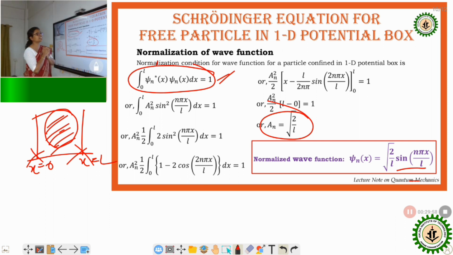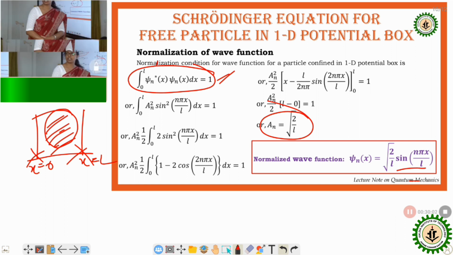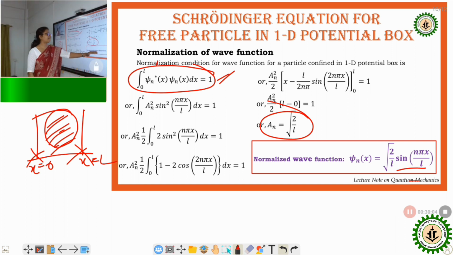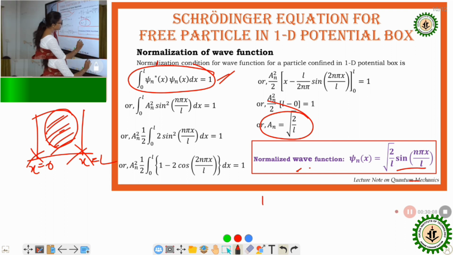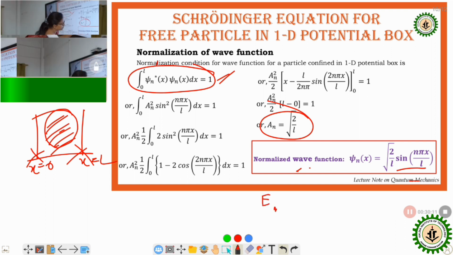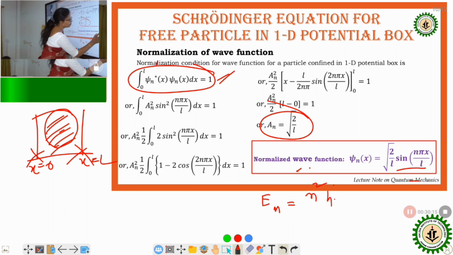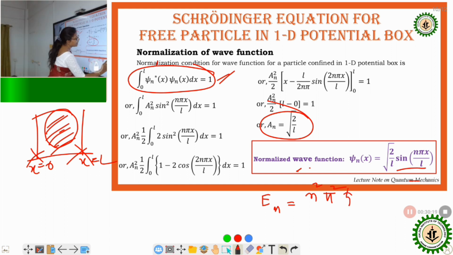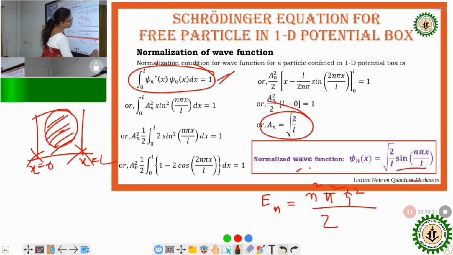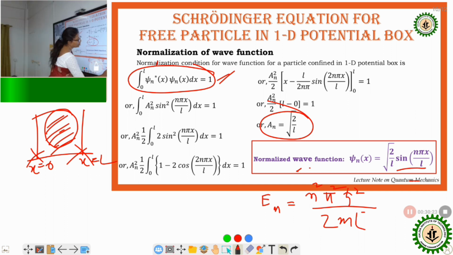Okay, the normalization constant is root over 2 by L, sin n pi x by L. That means this is the eigen function of the particle in a one-dimensional box, and the eigen energy is n square pi square h cut square by 2 m L square.